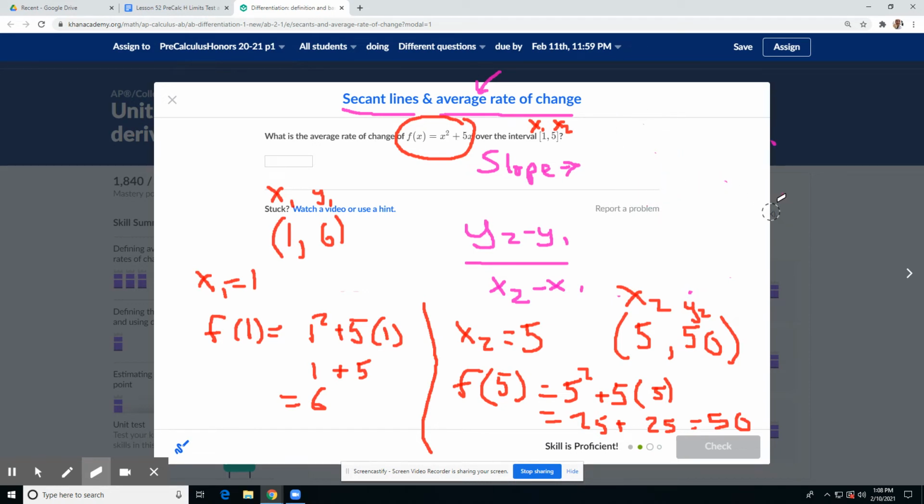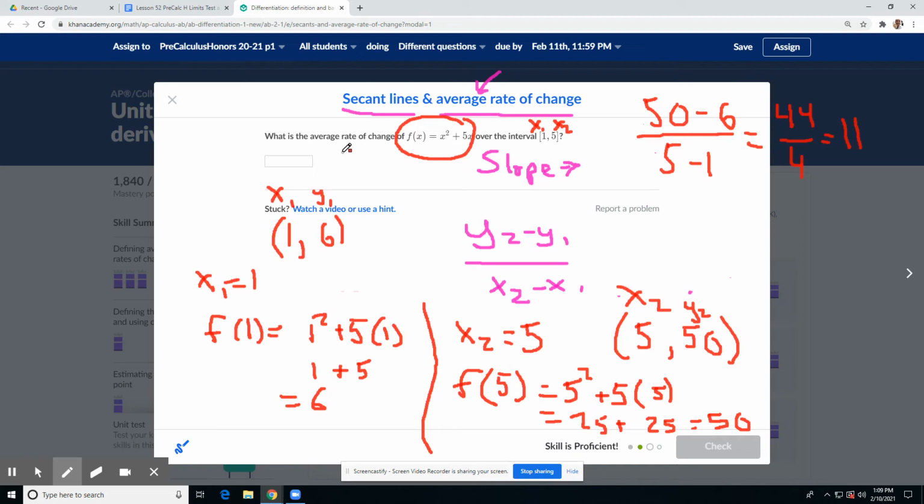They call it secant, but it's basically slope. y2 is 50 minus y1, which is 6, over x2, which is 5, minus x1, which is 1. I get 44 over 4, which is equal to 11.